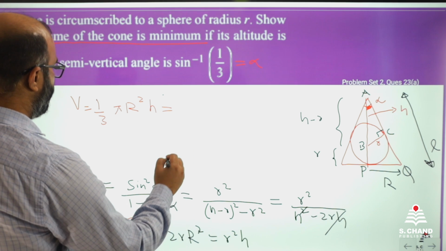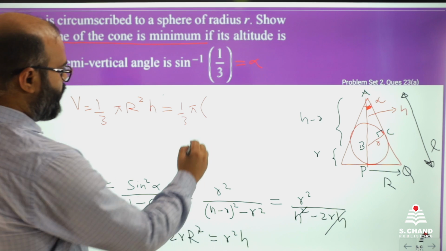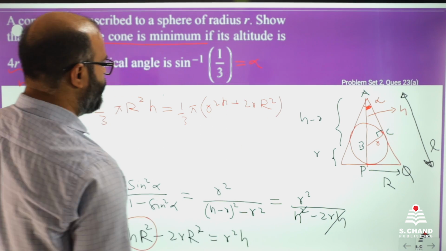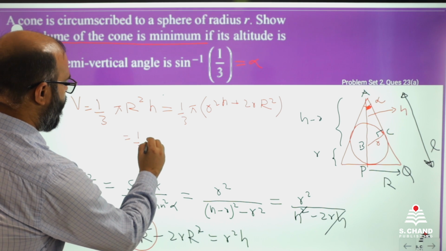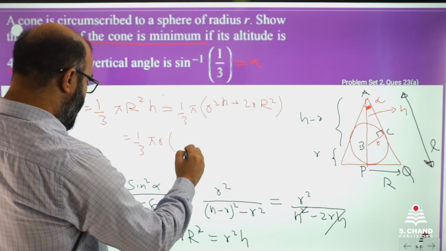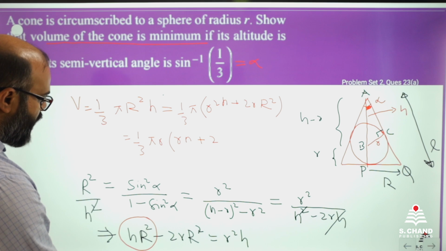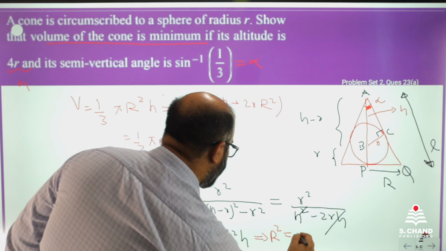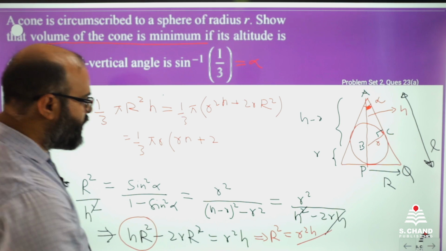Written as 1 by 3 pi r square h, like this, plus 2r r square, like this. And then we have 1 by 3 pi, r taken common, and we have rh plus 2r square, and this r square can be written as r square h upon h minus 2r.